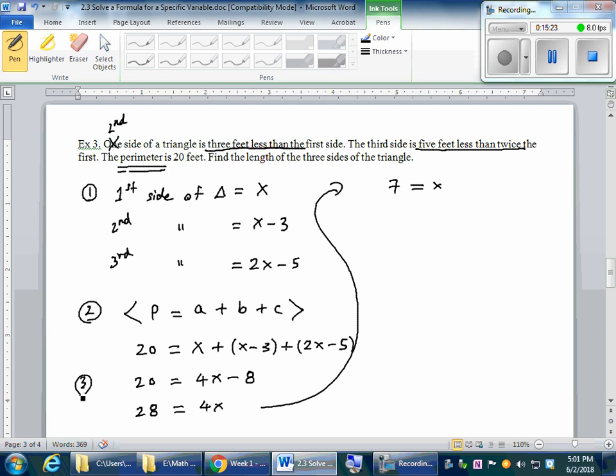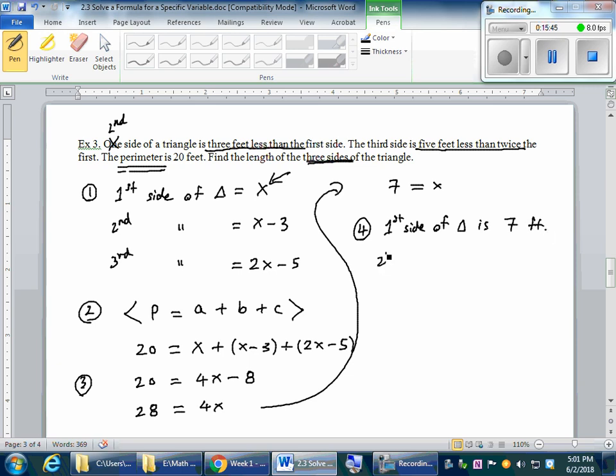Now we can interpret our answer. Step 4. The question is asking you for all three sides of the triangle, so I can say that the first side of the triangle is represented by x, which will be 7 feet.